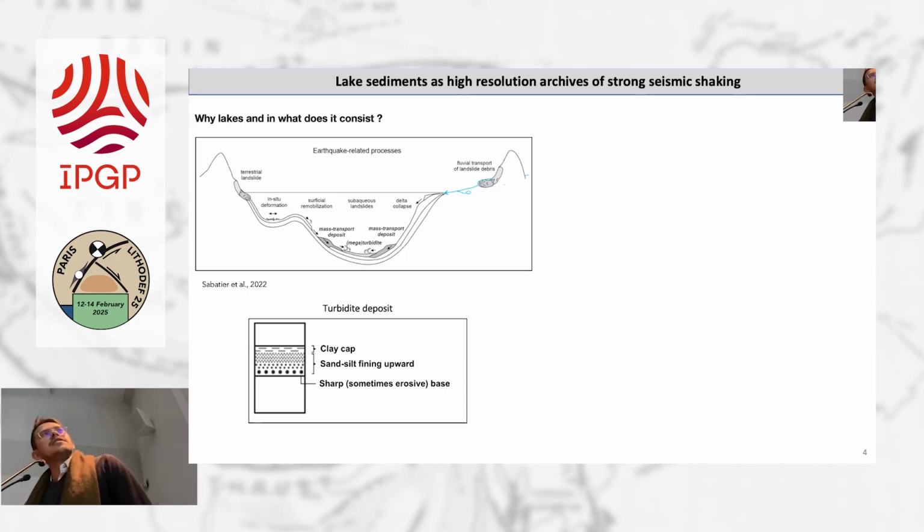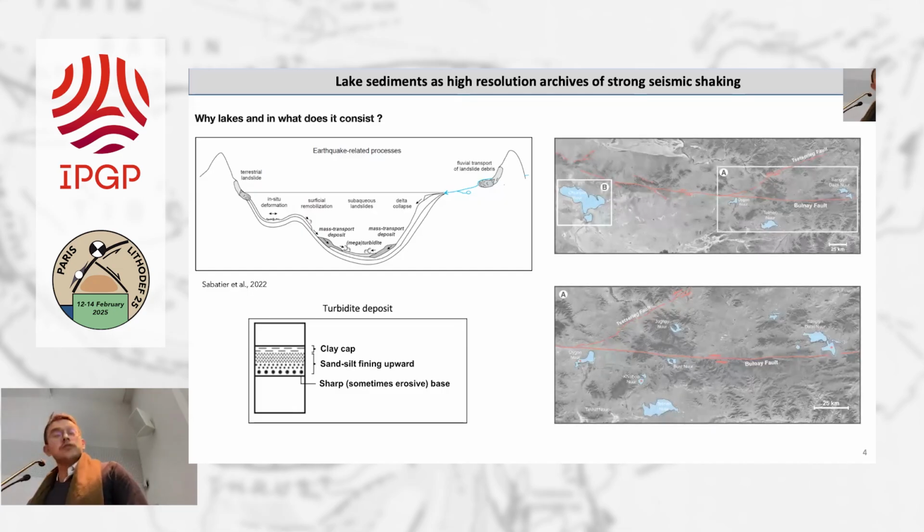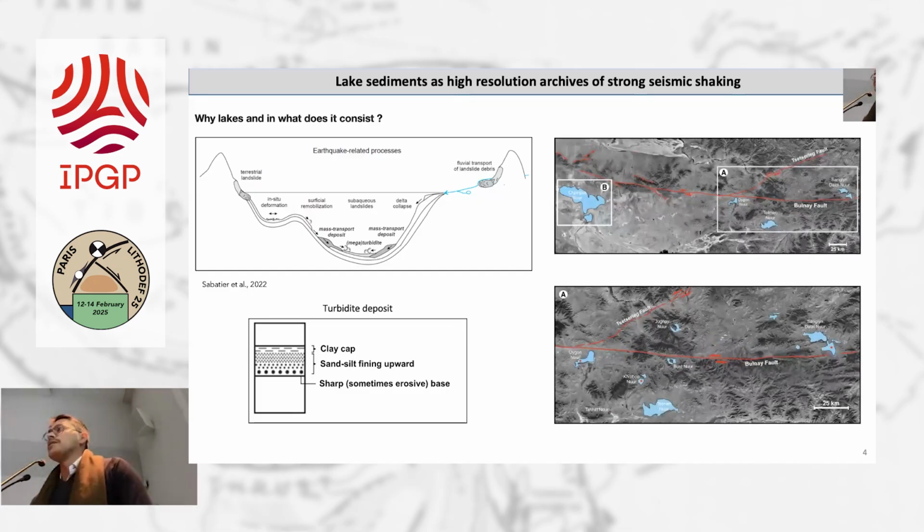Those are arranged in a certain way, which is called normal gradation, and normally sealed by a clay cap at the very top.